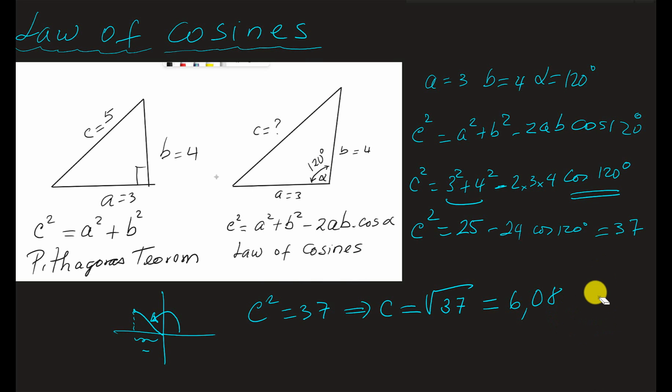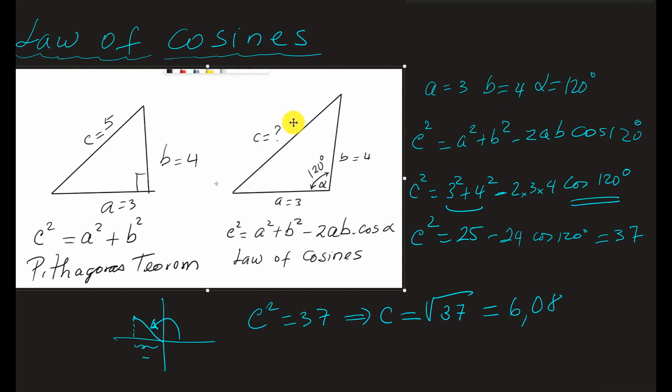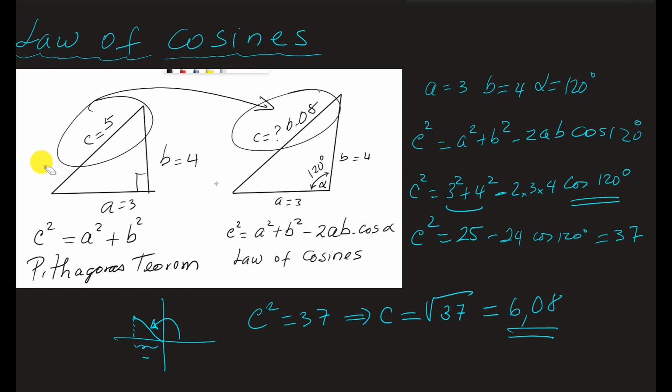That's what we expect, because this angle is greater than 90, and then this side is going to be bigger, and I had the answer, 6.08. As we expected, it is bigger than 5 because the angle is bigger than 90 degrees.